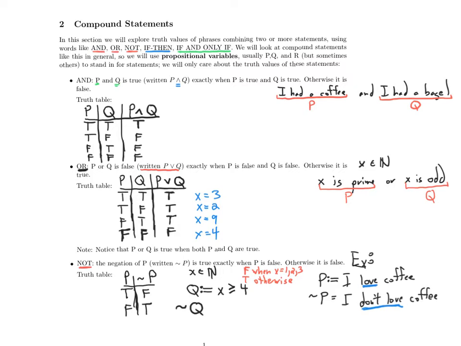So pause the video now and try that. Okay, now that you're back, we need a statement that is true when X equals 1, 2, or 3, and false otherwise.